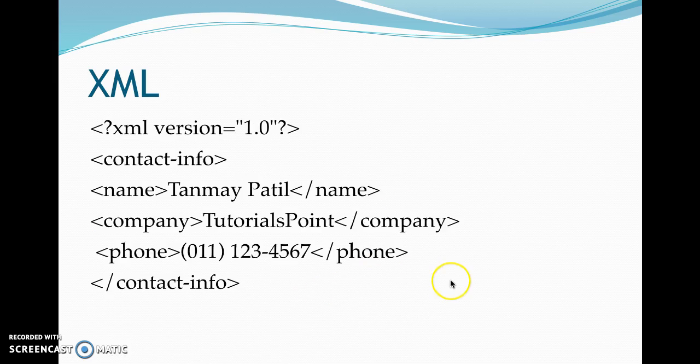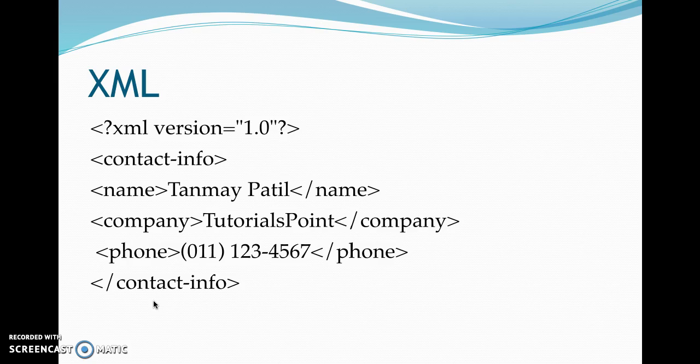Say you want to describe the contact info of a person. It can start with a contact info tag, and then there can be name, company, phone, and so on. Each starts with a smaller than symbol, and it closes with a greater than symbol.